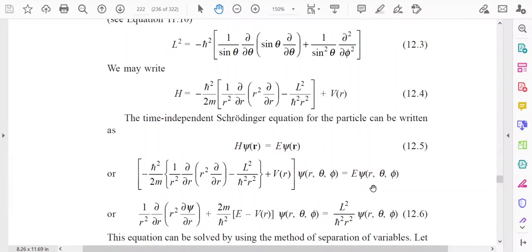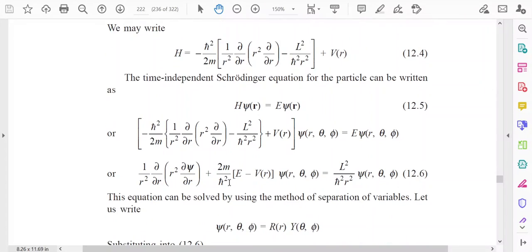You see that the wave function psi has been represented in terms of spherical polar coordinates, that is r, theta and phi. Now this equation has been slightly rearranged: the angular momentum term has been put on the right hand side.